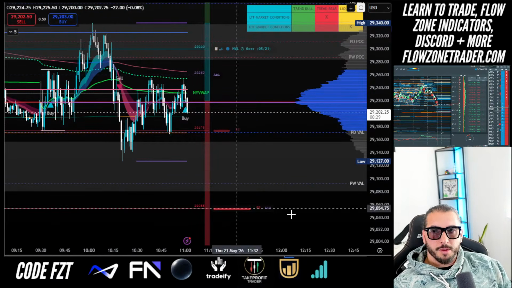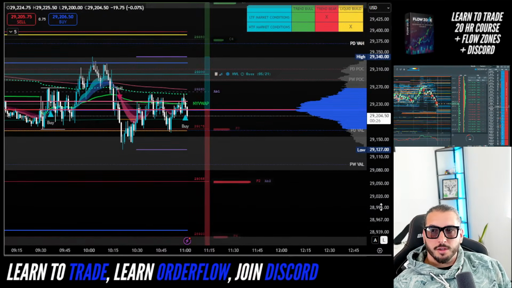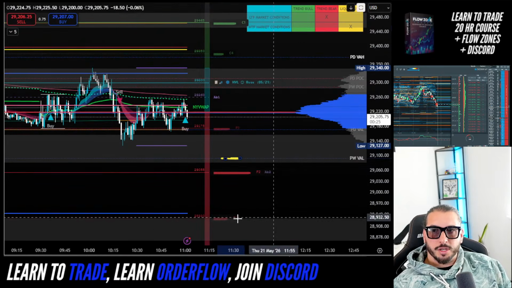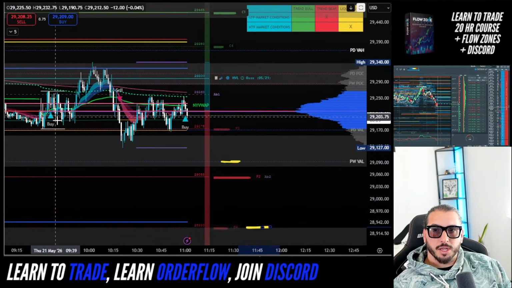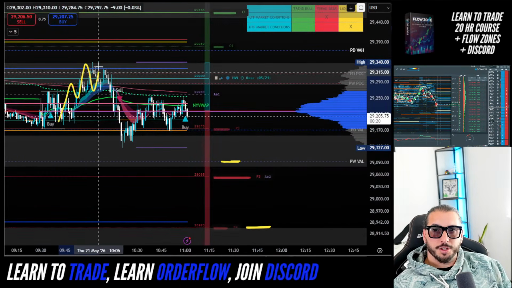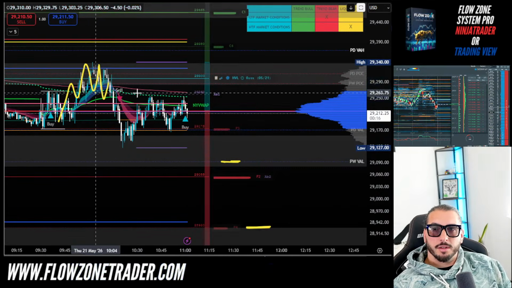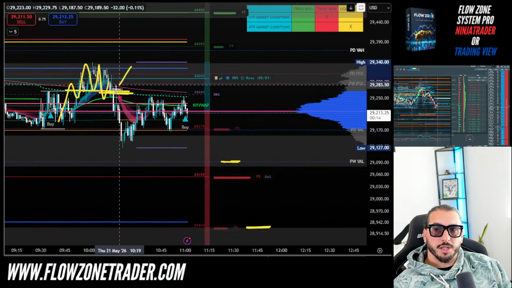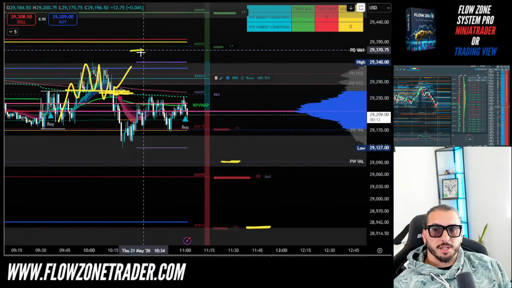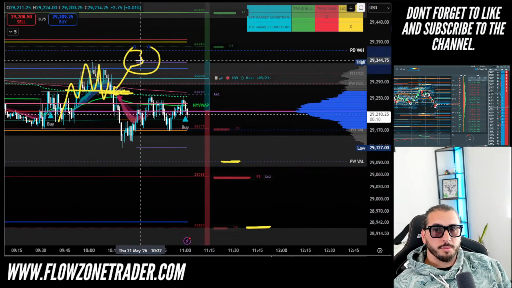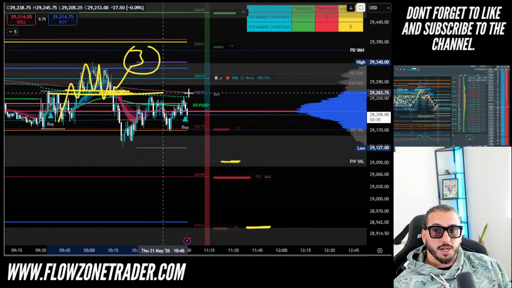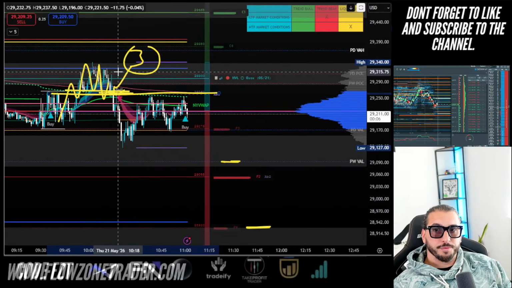Let's say we're targeting this as an example. You get the 3 peak drive formation, and we get that 260 fail. So your original size goes on here, and let's say that's 3 contracts. Could be micros, doesn't matter what it is. That's 3 contracts, that's your core position.